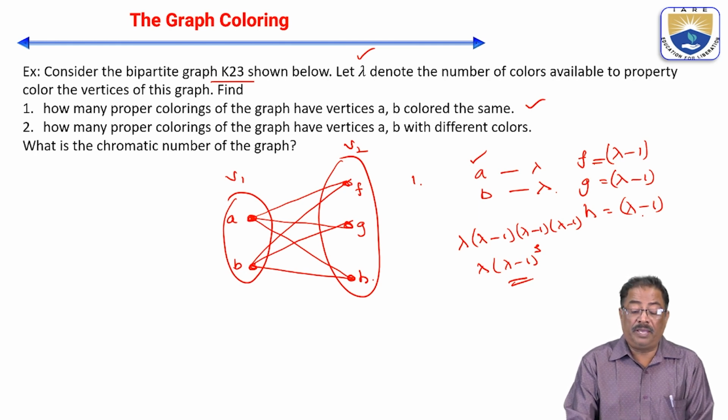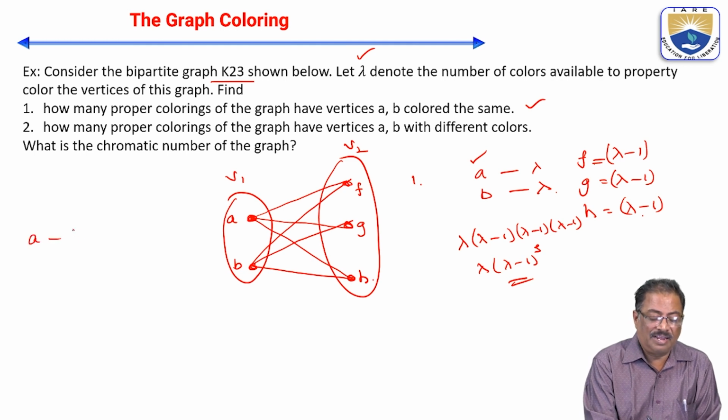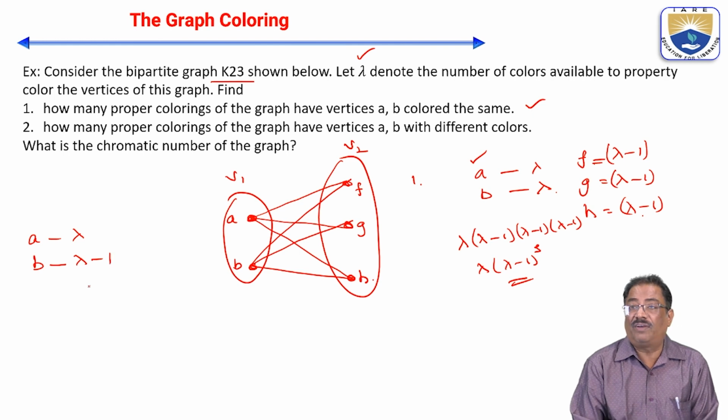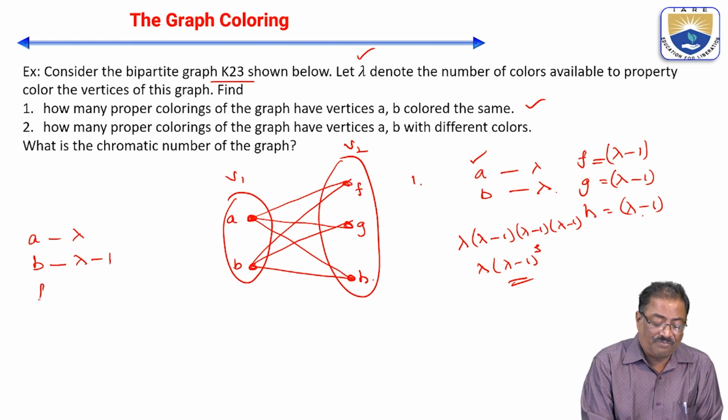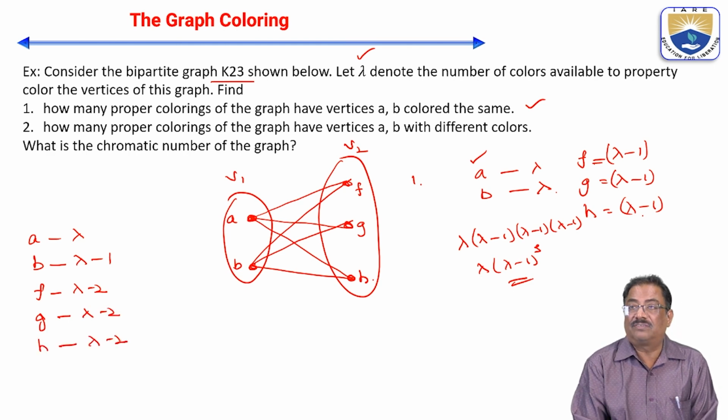Suppose A and B have different colors. Then A can be assigned in lambda ways and B in lambda minus 1 ways. F can be assigned in lambda minus 2 ways, since these two colors are not going to be used, and G can be assigned in lambda minus 2 ways, and H in lambda minus 2 ways.